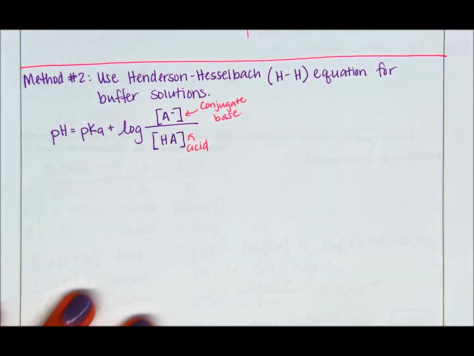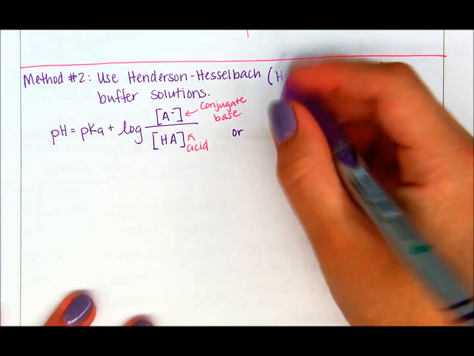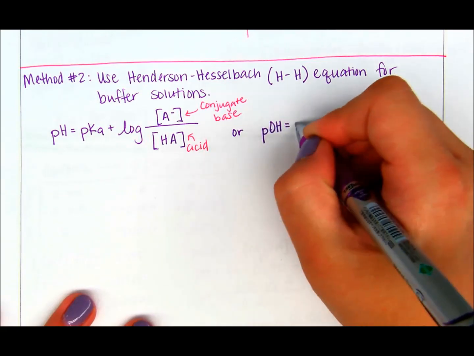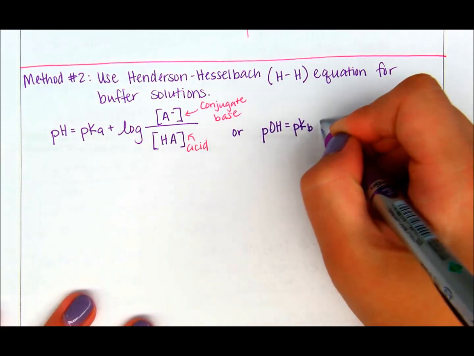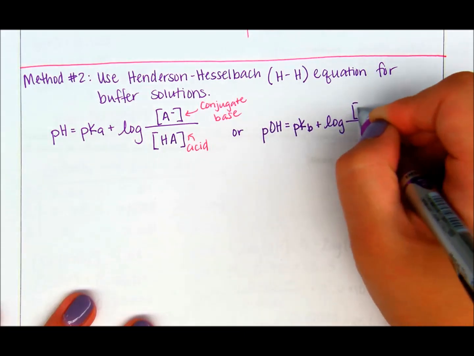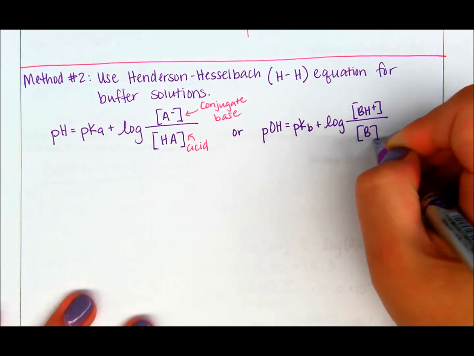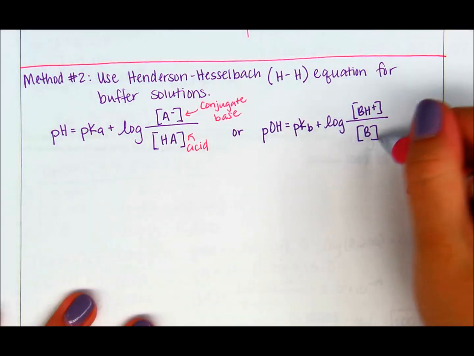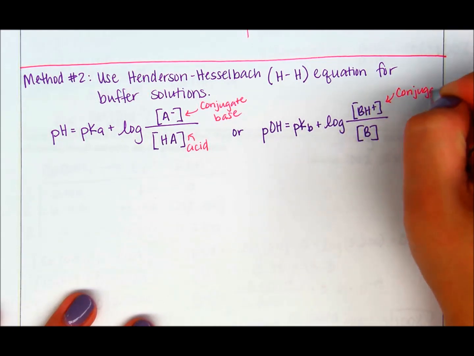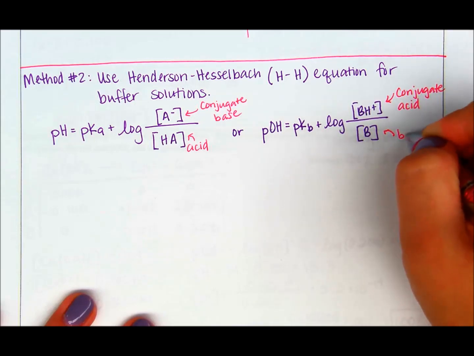And so this is for if you have an acid and its conjugate base. Or you can modify this equation: pOH equals pKb plus log BH plus over B. So this is the conjugate acid, and this is your base.